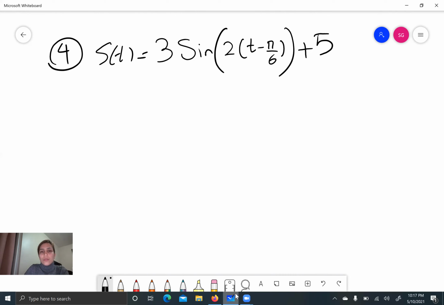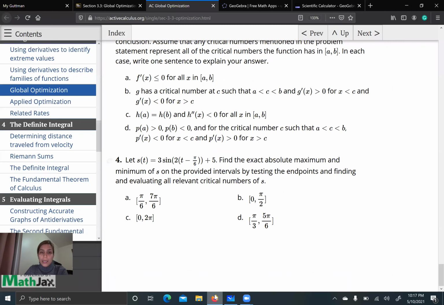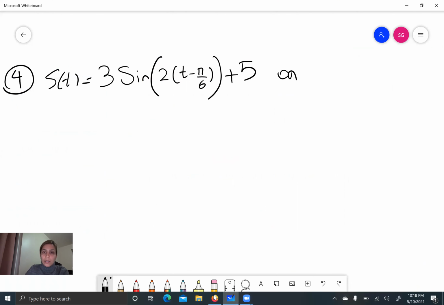Let's try it over an interval. Let's find the absolute max and min on pi over 6 and 7 pi over 6. So let's try this one.